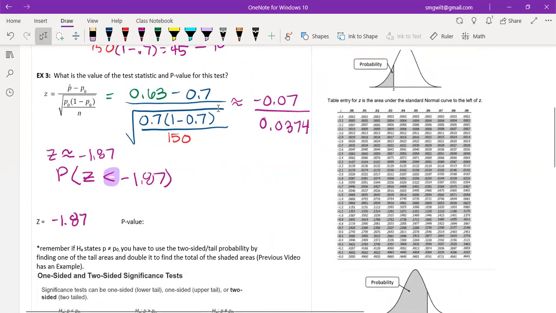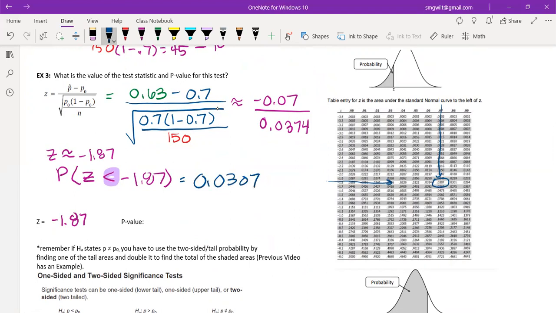Okay, so if I'm looking at the Z table, I want negative 1.8 and then 7, which is 0.0307. So on the Z table, I have 0.0307.